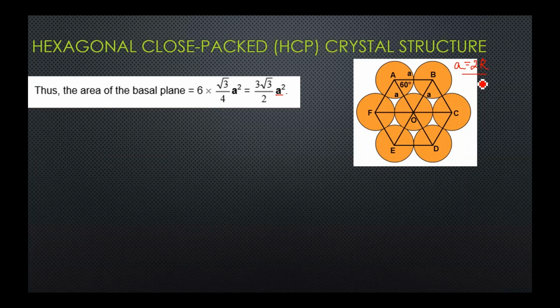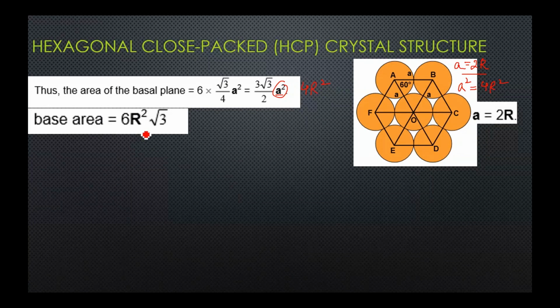Known to me? a square would be equal to 4r square. So if I replace this a square with 4r square, essentially I would have the basal area as 6r square under root 3 in terms of r.